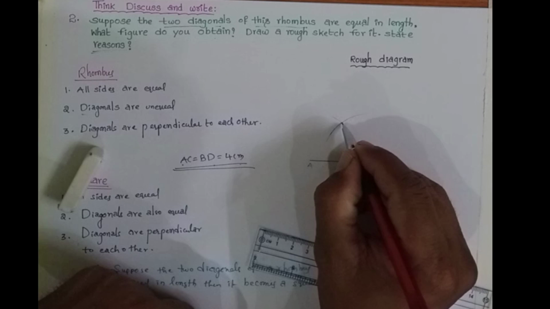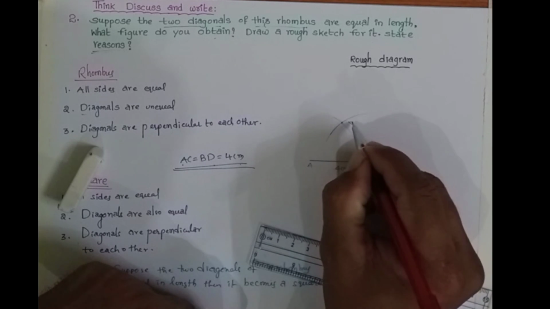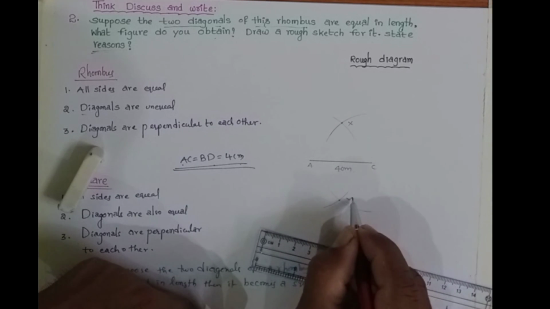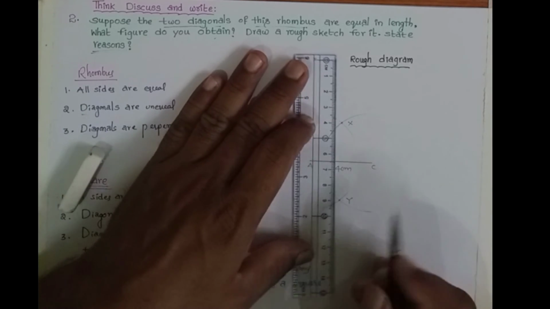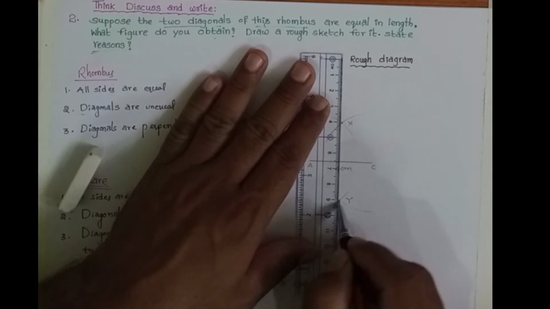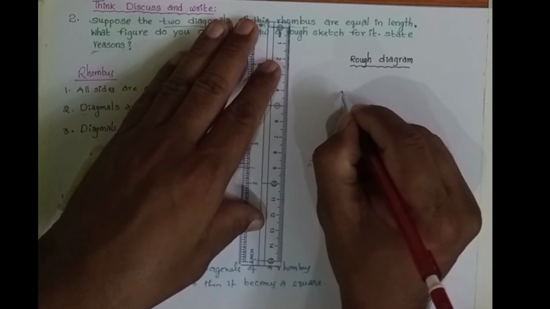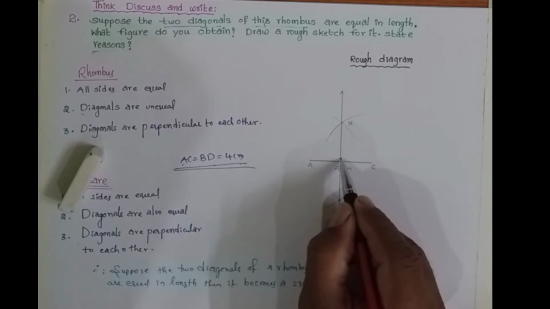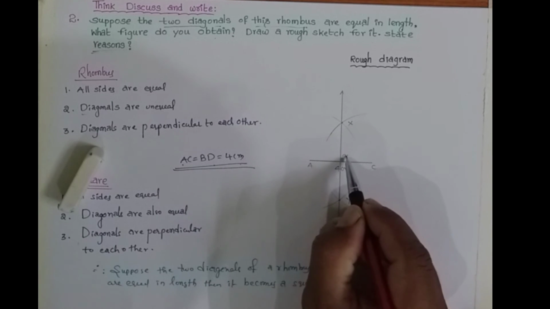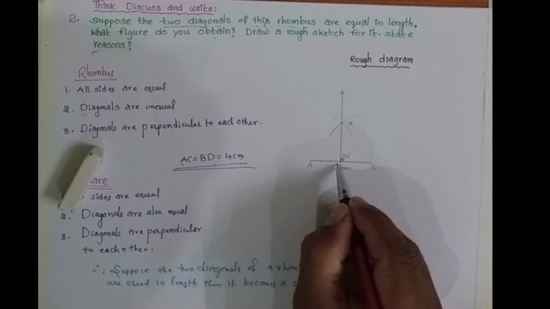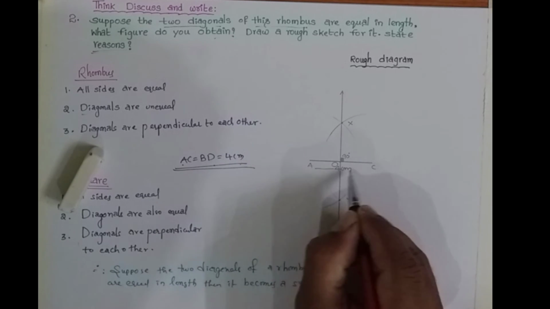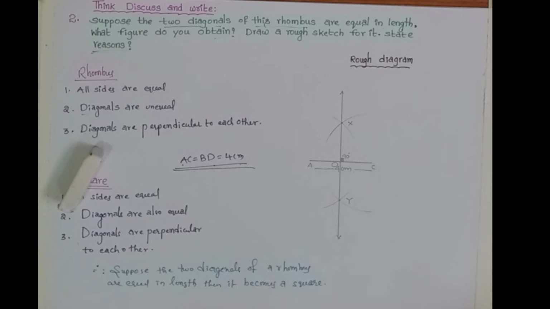And denote the cutting points of arcs as X and Y. Now join X and Y. This is the perpendicular bisector of line segment AC, which makes 90 degree. And consider the point of intersection as O. AC equals 4 centimeter.